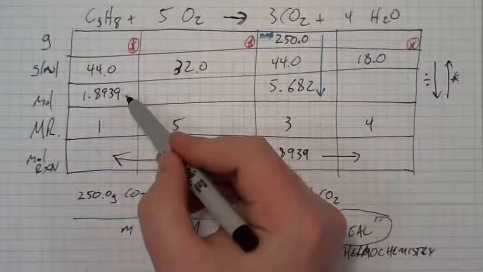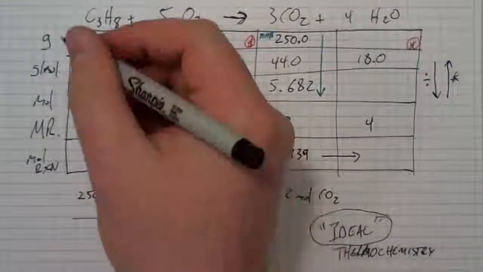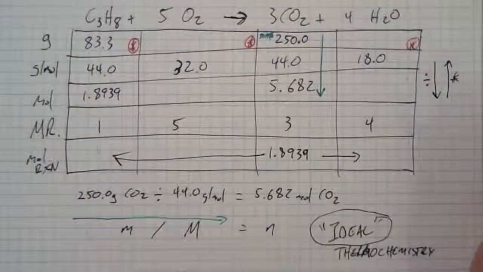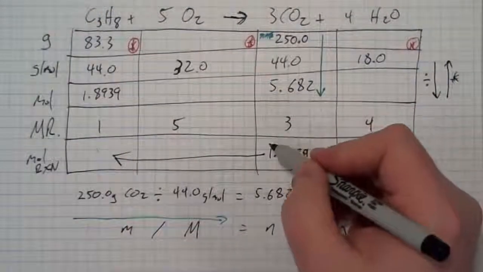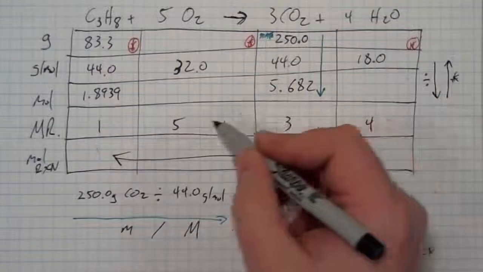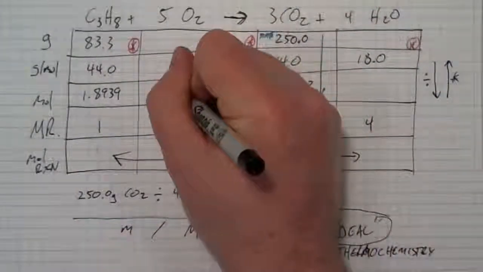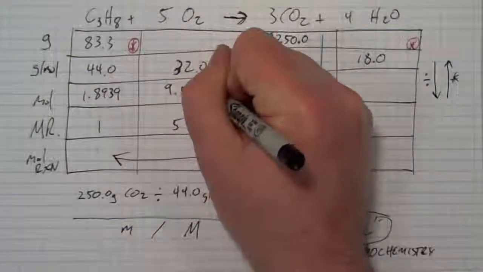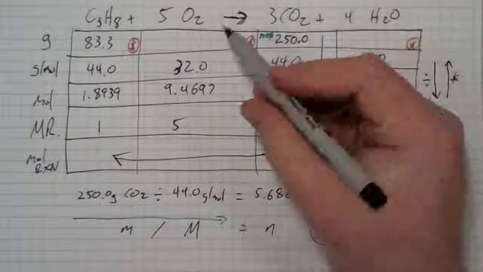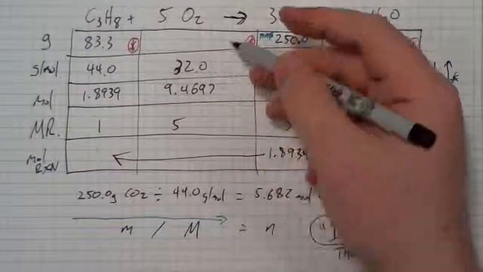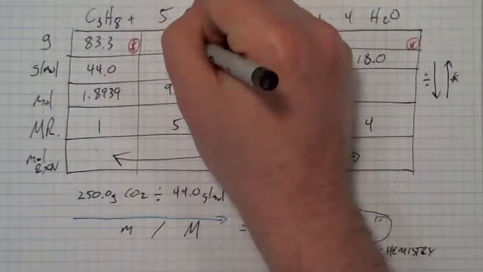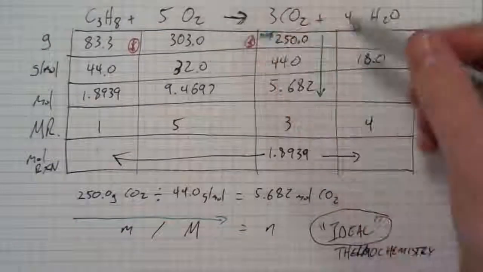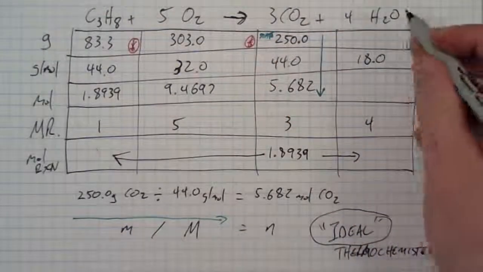Then you take the moles times the molar mass, and you wind up with 83.3 grams. And you just repeat this process. 1.8939 times the 5 gives me 9.4697. And then that number times 32 gives 303 grams of oxygen.